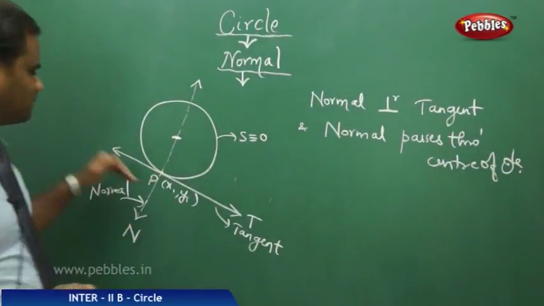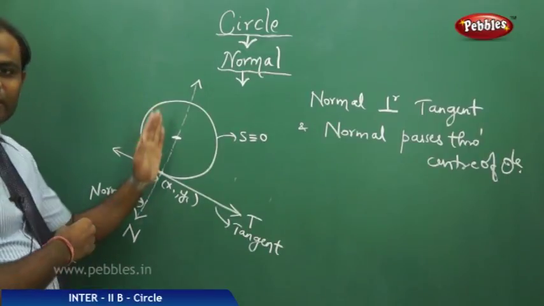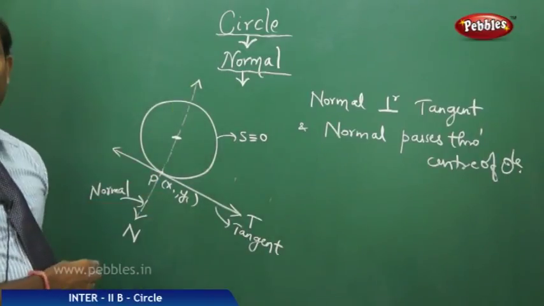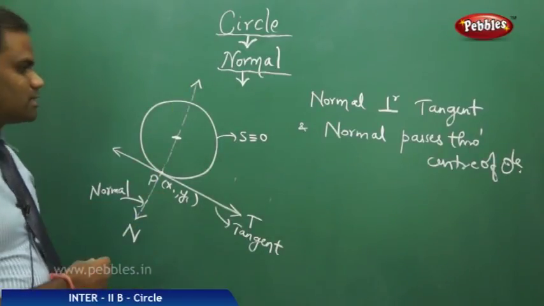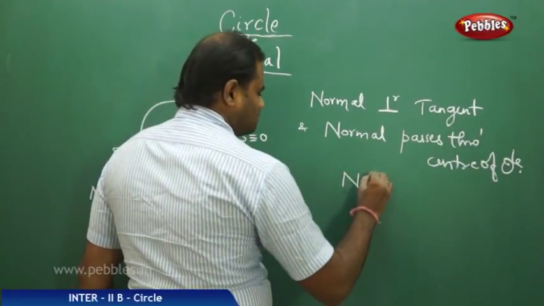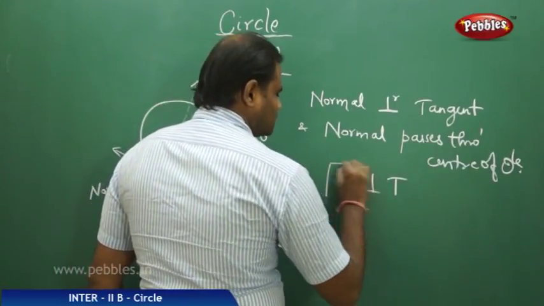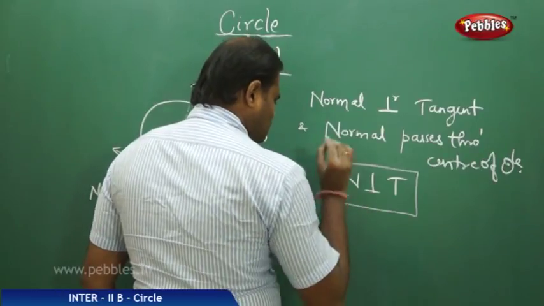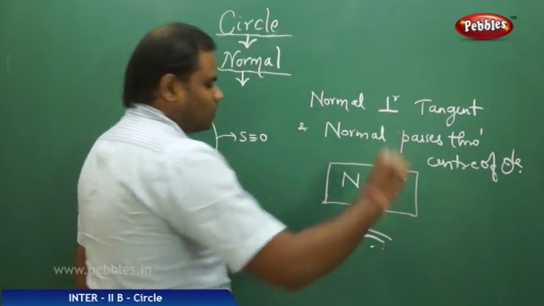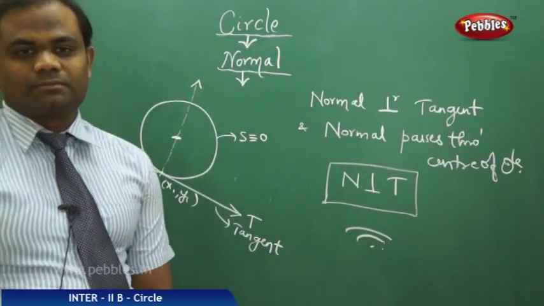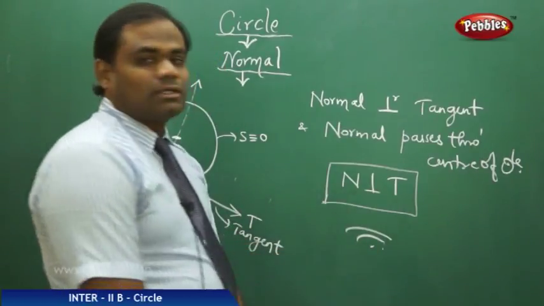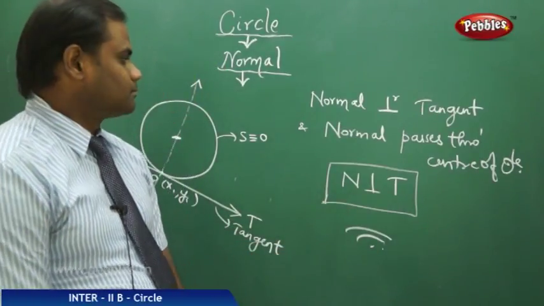Because the radius is perpendicular to the tangent, the radius, being the normal, will pass through the center of the circle. So we always have N perpendicular to T. This is how we define the normal connected with the tangent and passing through the point of contact.